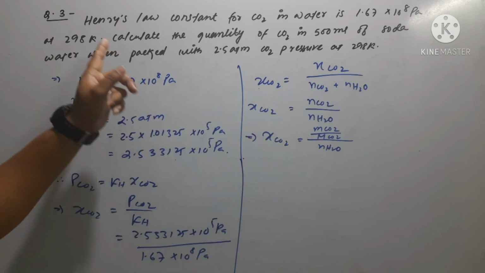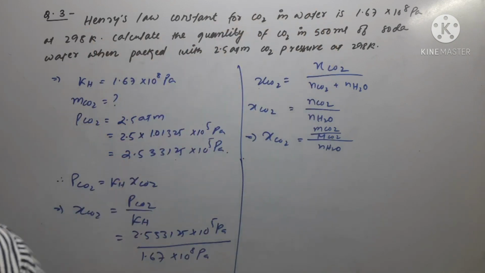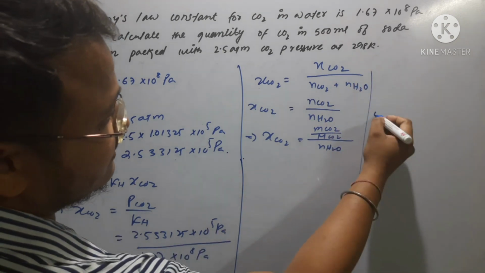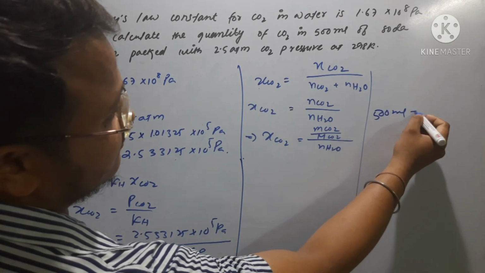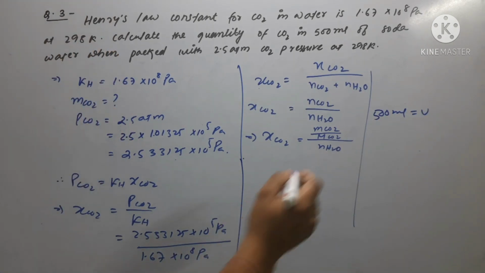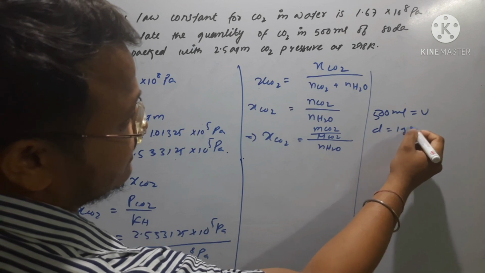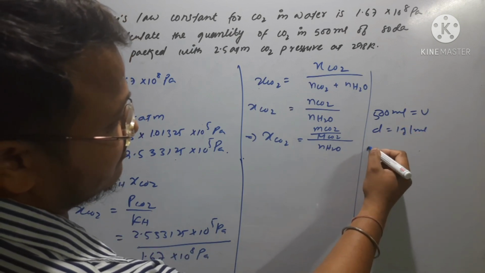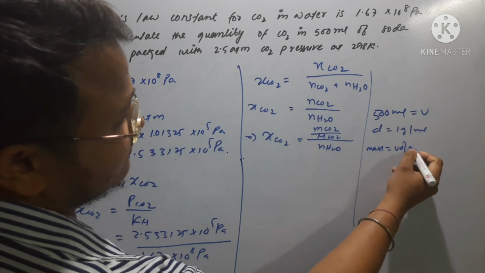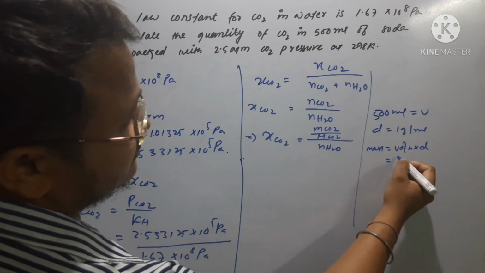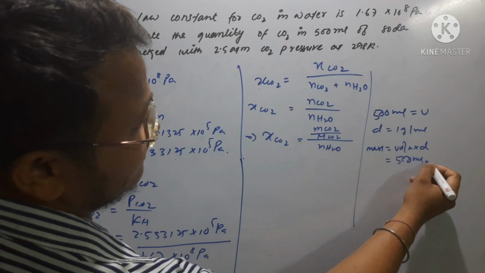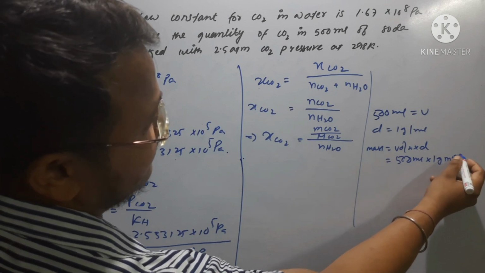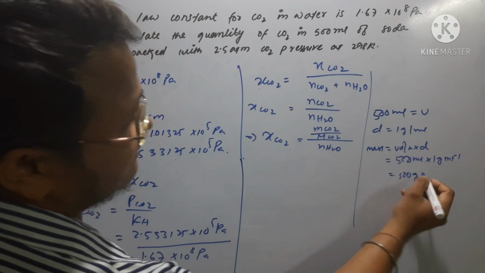Now what does it say, guys? Look, calculate the quantity of CO2 in 500 ml of soda water. So we have 500 ml of soda water, right, guys? It is volume. So the density of water is 1 gram per ml. What will be the mass of that? Mass equals volume into density, so 500 ml into 1 gram per ml equals 500 gram.